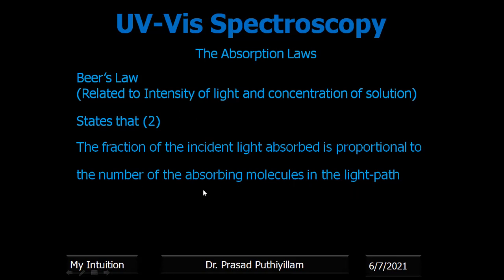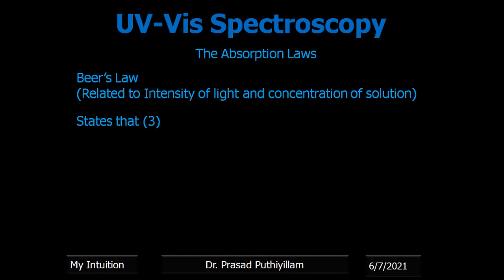Number of absorbing molecules, you can say that it is the concentration only, and it will increase with increasing concentration. So it is the same meaning: as the concentration increases, more and more photons are getting absorbed.